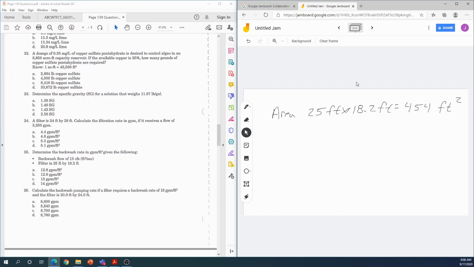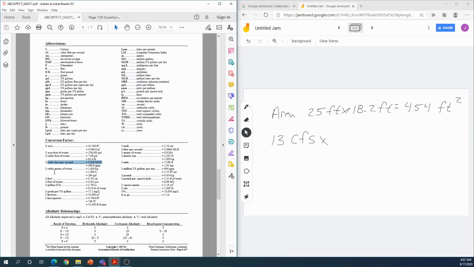So it wants to know what our backwash rate is in gallons per minute per square foot. So let's go ahead and get our flow rate into gallons per minute. So we know we start with 13 cubic feet per second.